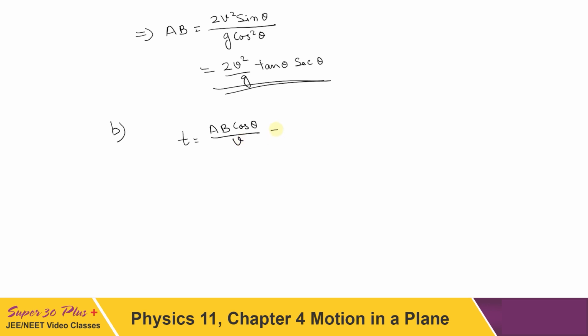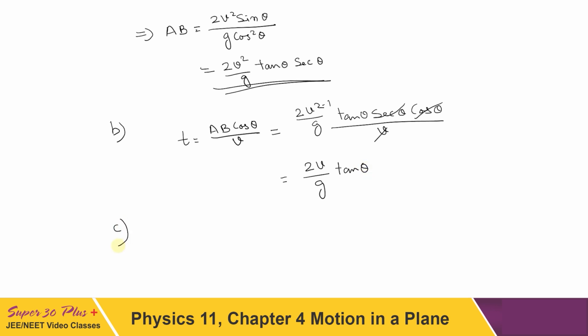And AB being known, we can substitute the value, which is 2v square by g tan theta into sec theta. One cos theta is already there, these two will cancel, and one v also got cancelled. So it is 2v upon g tan theta. This is the time of flight, we can say.